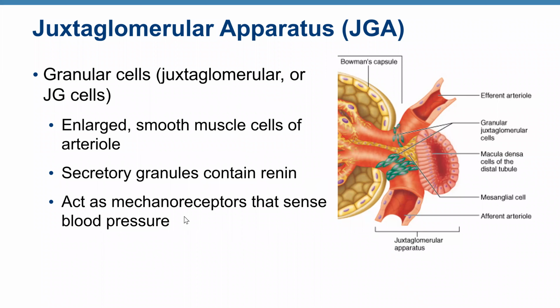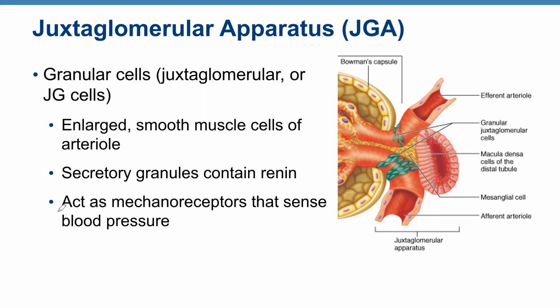So here are our granular cells. They have a different name, like juxtaglomerular or JG cells. I like to call them granular because it gives me a visual representation of those cells. They are enlarged smooth muscle cells of arteriole, and they have secretory granules that contain renin. Renin is an endocrine hormone that you release when your blood pressure drops.